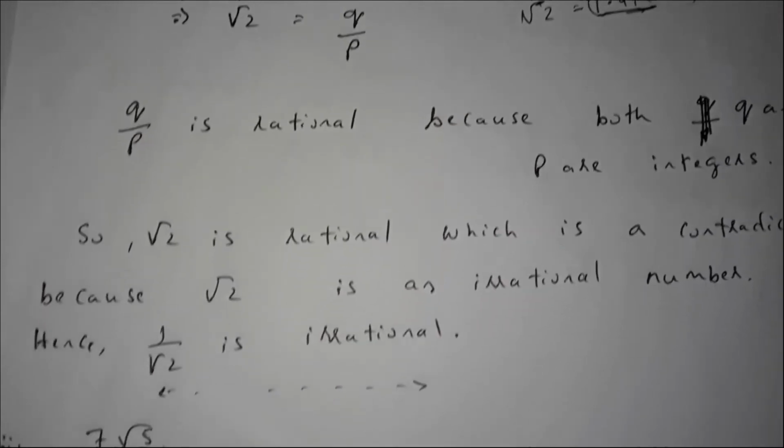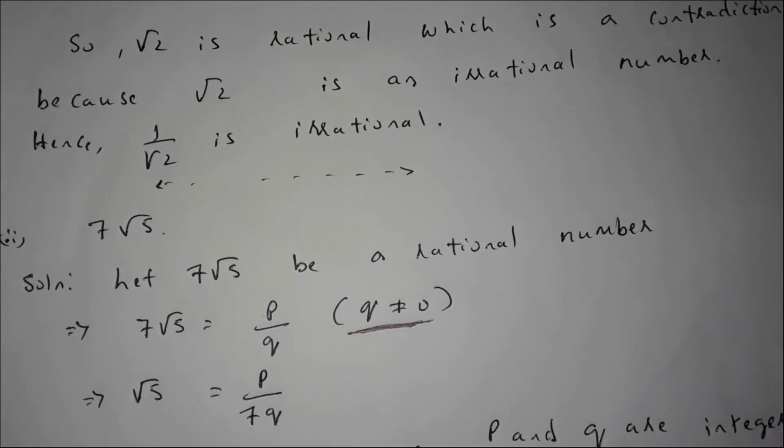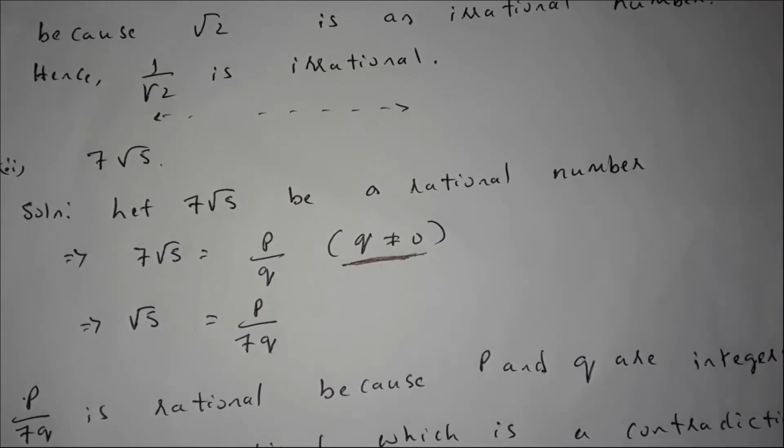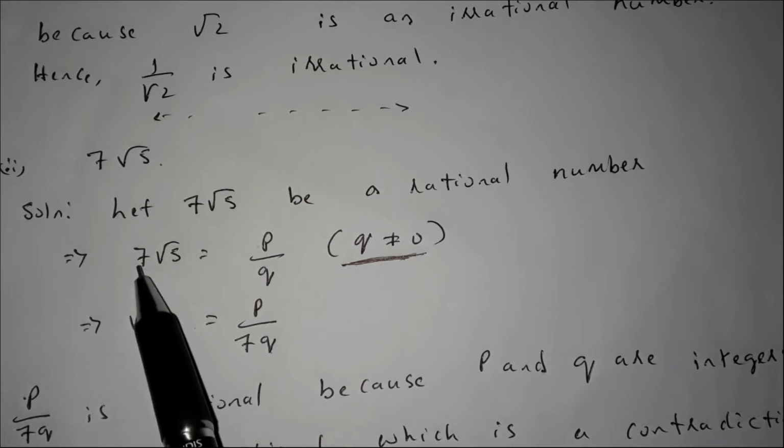Okay, second one, this is also the same. 7 root 5. Let 7 root 5 be a rational number, which means 7 root 5 equals p by q. Q is unequal to 0, and root 5 equals p by 7q, so bring 7 down.